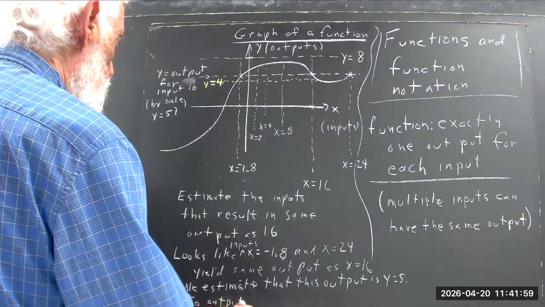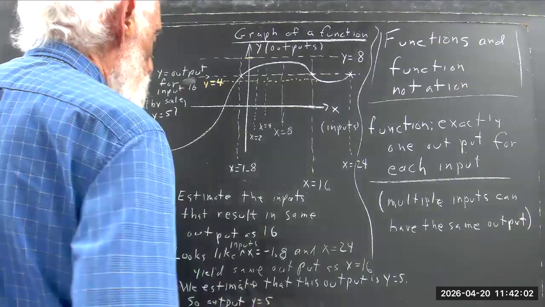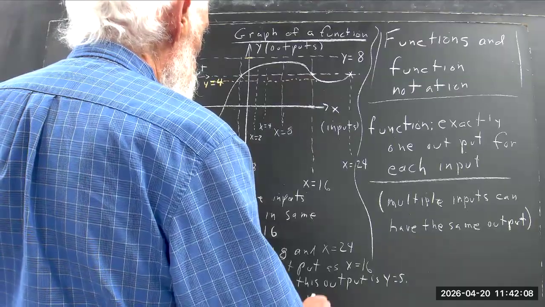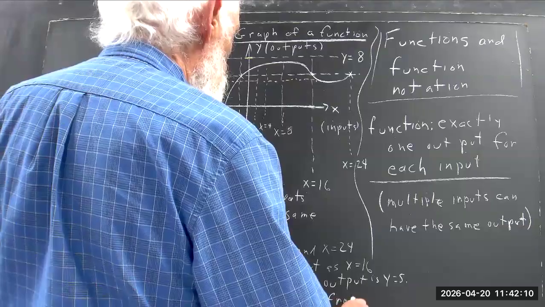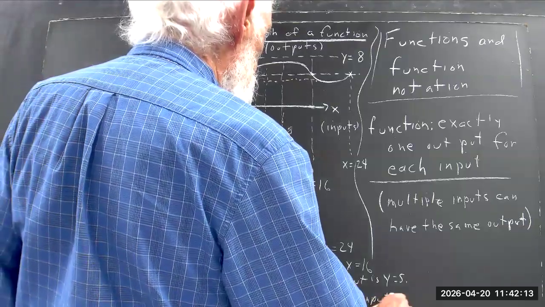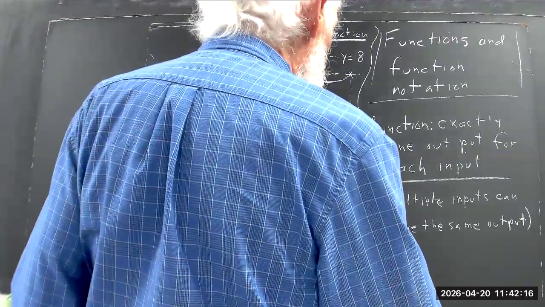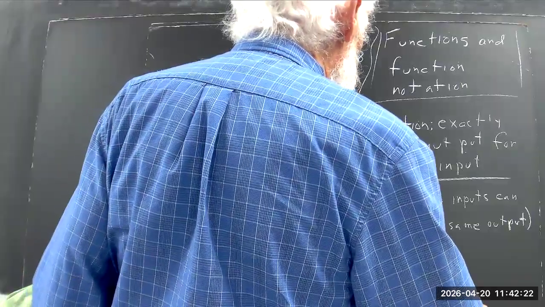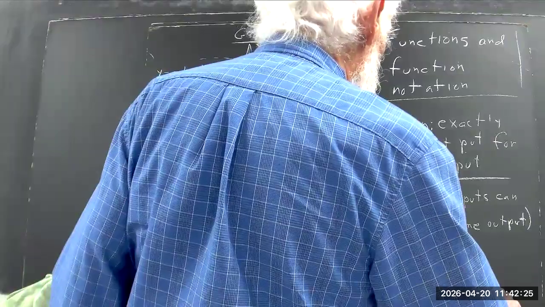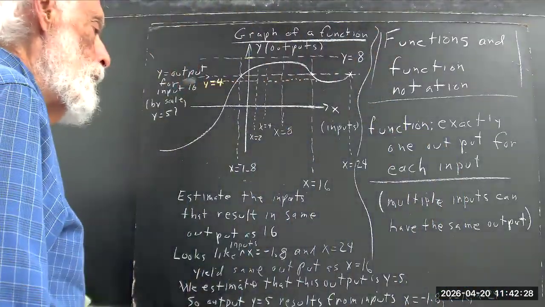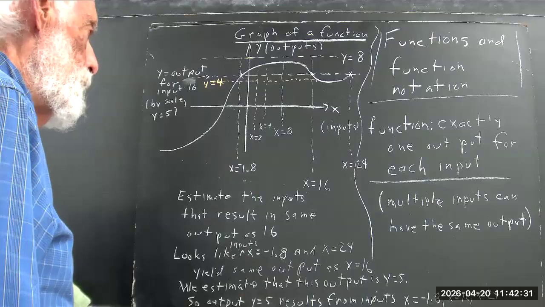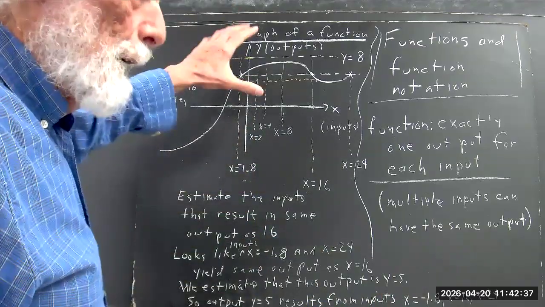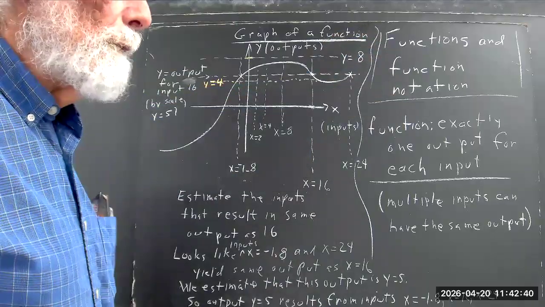The output y equals 5 results from inputs x equals negative 1.8, x equals 16, and x equals 24. That's the best set of conclusions I can right now draw from this graph.